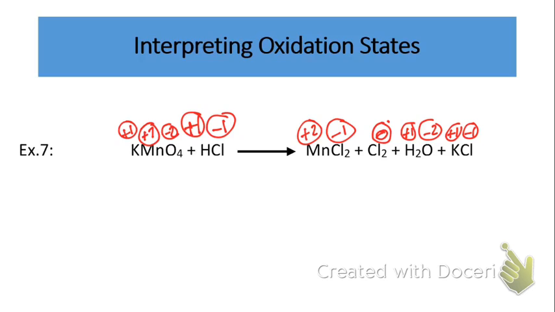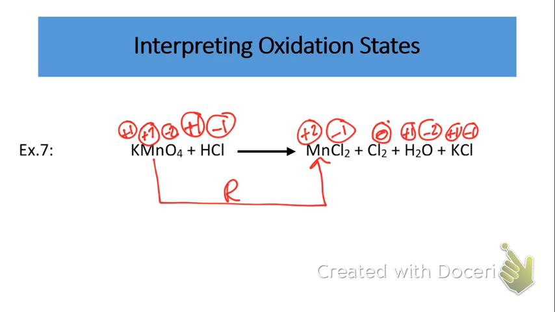Now, what's changed? Potassium, not changed. Manganese, definitely changed. Gone from a +7 to a +2. So, it's definitely gained electrons. So it's been reduced.